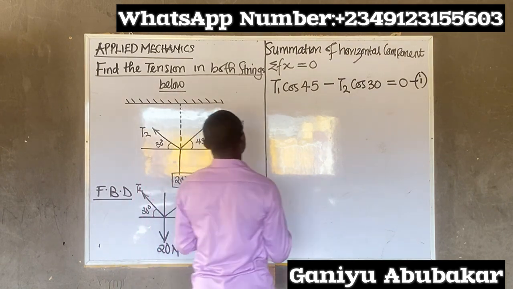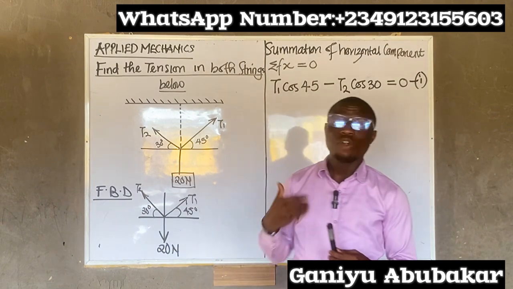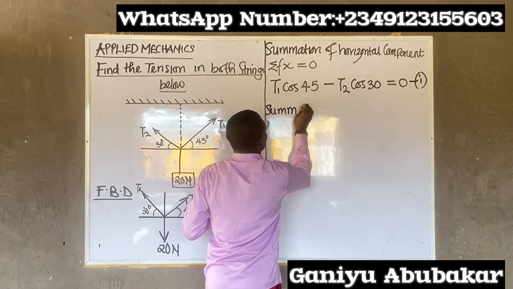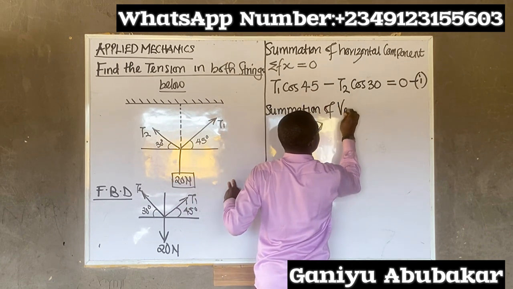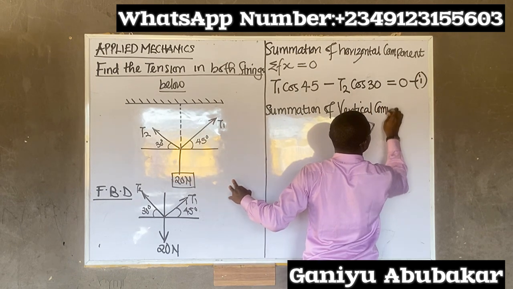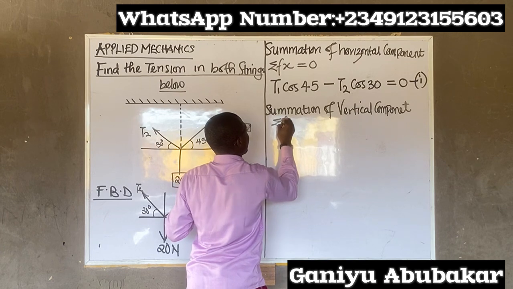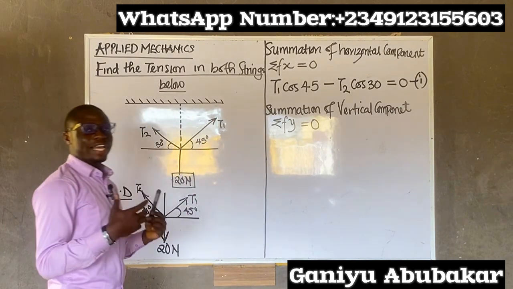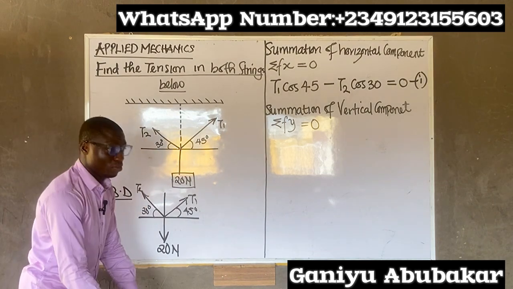Proceeding, please apply the same condition of equilibrium. The second condition of equilibrium of particles says the summation of the vertical components, so that's summation F of y equals 0. Let's pick out the y components.